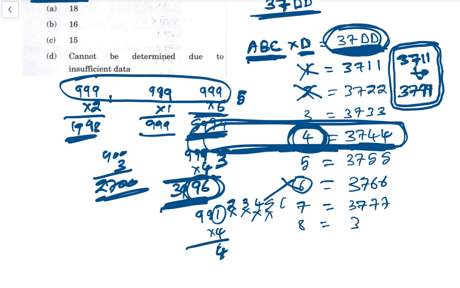Then 6 into 4 is 24, so 6 can be, or 1 can be. 7 cannot be because 7 into 4 is 28, 8 into 4 is 32, 9 cannot be. So it can be 6 or 1.